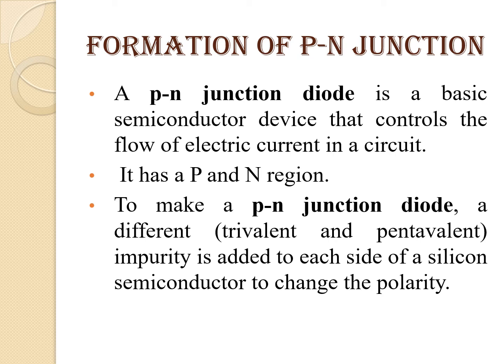Whenever we dope a trivalent impurity into the silicon crystal, as we have seen, silicon has valency equal to 4, that is any semiconductor has valency equal to 4, and if we dope a trivalent impurity into it, which has 3 valency, one hole will be created, whereas a pentavalent impurity has 5 electrons and we get one extra electron for the current flow.